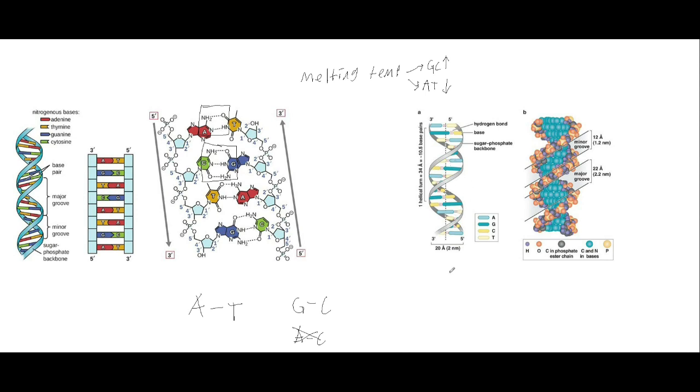So if we hold our right hand with our thumb up and then curl our fingers in like this, as we move up the DNA, the DNA is twisting in the direction of our fingers.